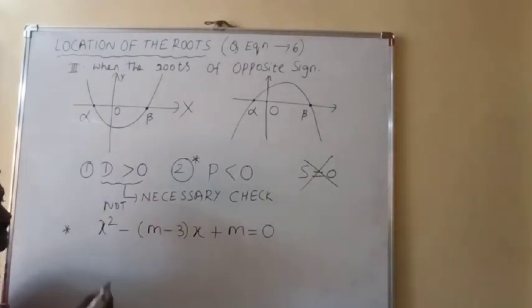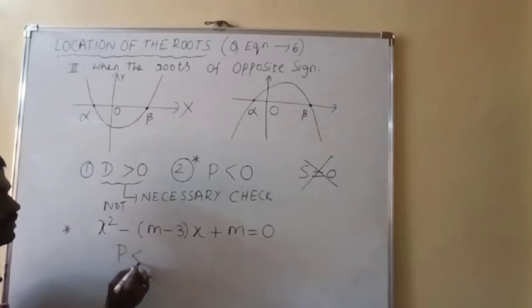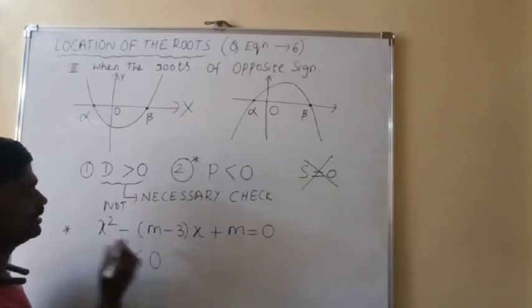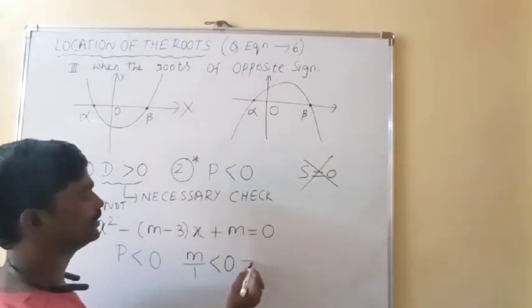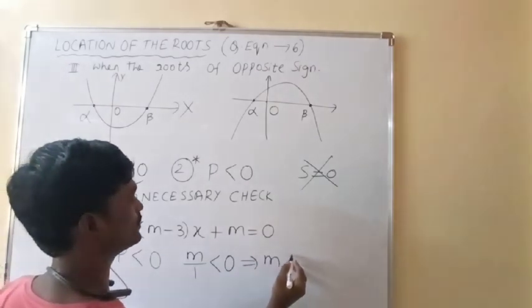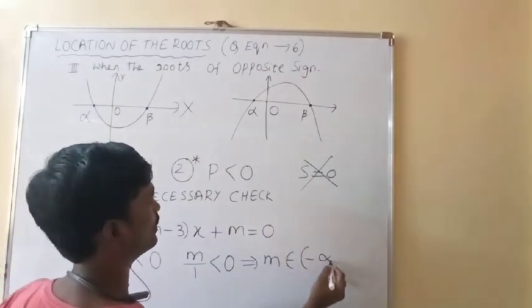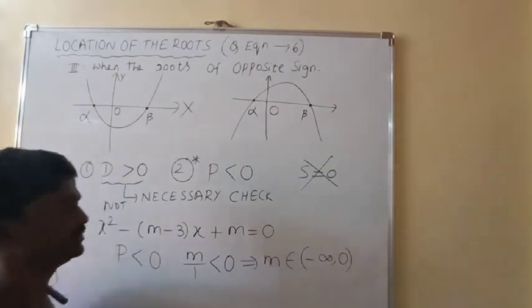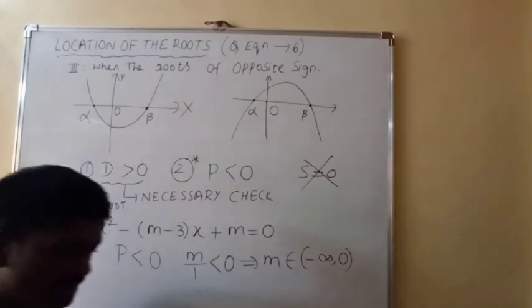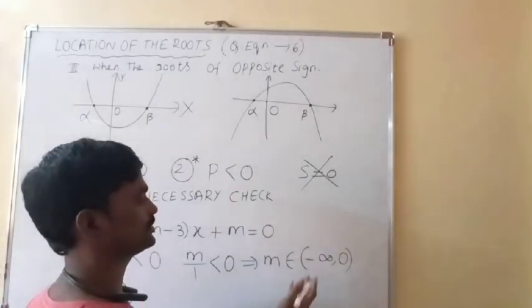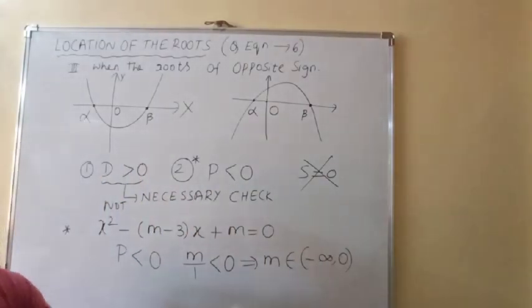As they are of opposite sign, the product of the roots must be less than 0. The product of the roots is C by A, that means m by 1 should be less than 0. That means m belongs to minus infinity comma 0. So no need to check discriminant greater than 0. If you find the intersection of the first case and second case also, you will get this answer only.